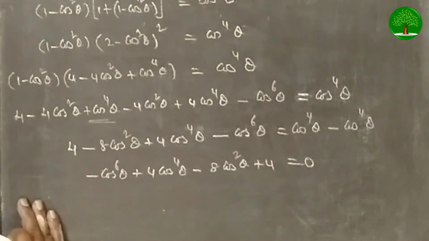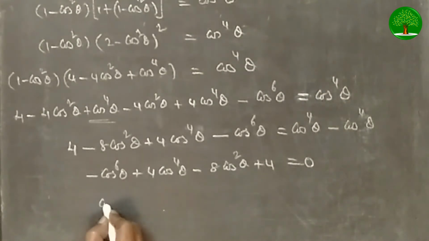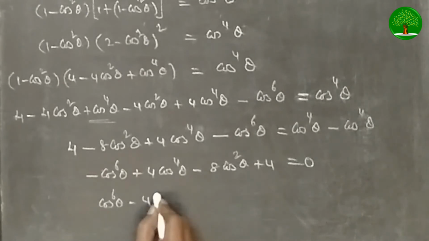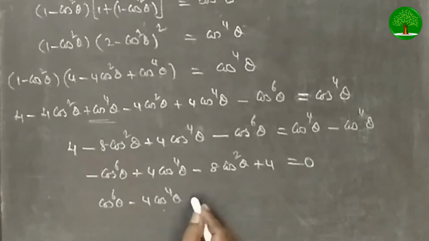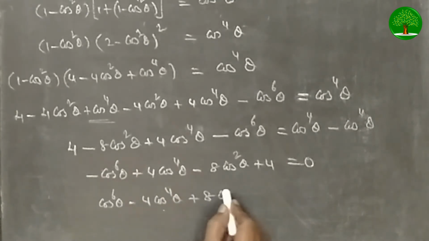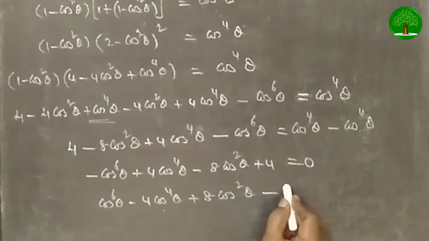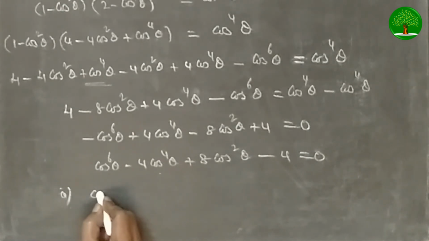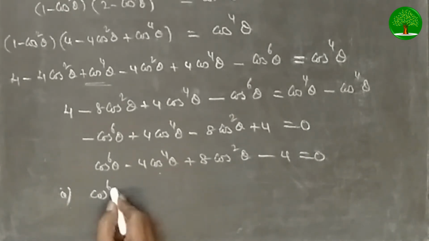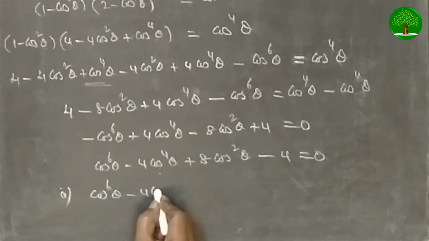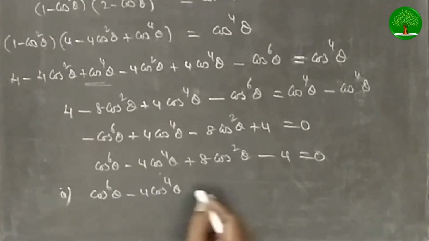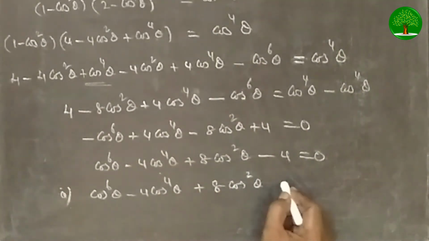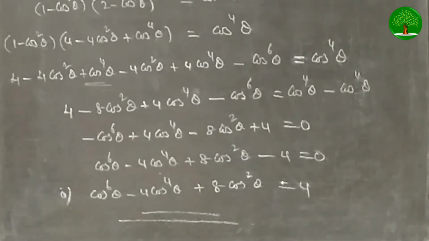Multiply it by minus, then cos to the power of 6 theta minus 4 cos to the power of 4 theta plus 8 cos square theta minus 4 is equal to 0. That is cos to the power of 6 theta minus 4 cos to the power of 4 theta plus 8 cos square theta is equal to 4.